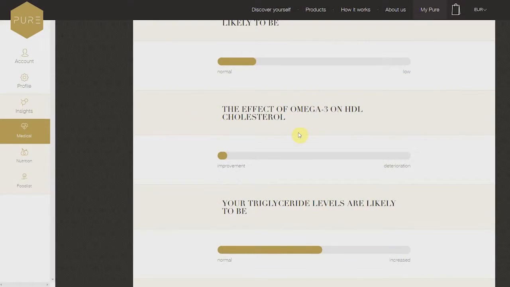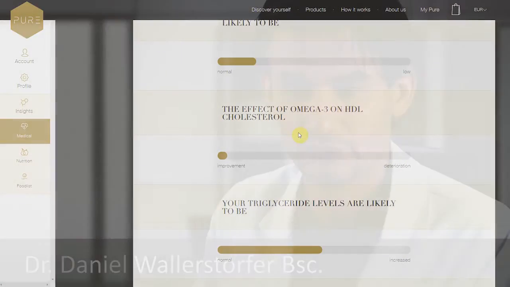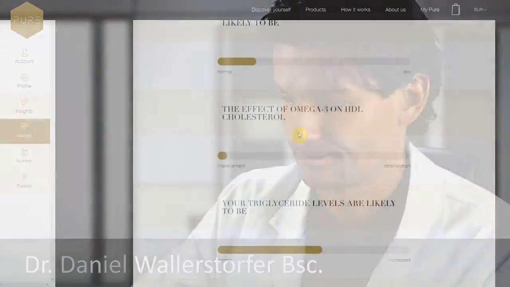So it might help one person, and depending on if a person has this genetic variation, it might make that person's level of HDL cholesterol worse. So this will tell you, is it a good idea for you to eat a lot of fish and take supplements with omega-3 fatty acids, or is it actually counterproductive with respect to HDL cholesterol?